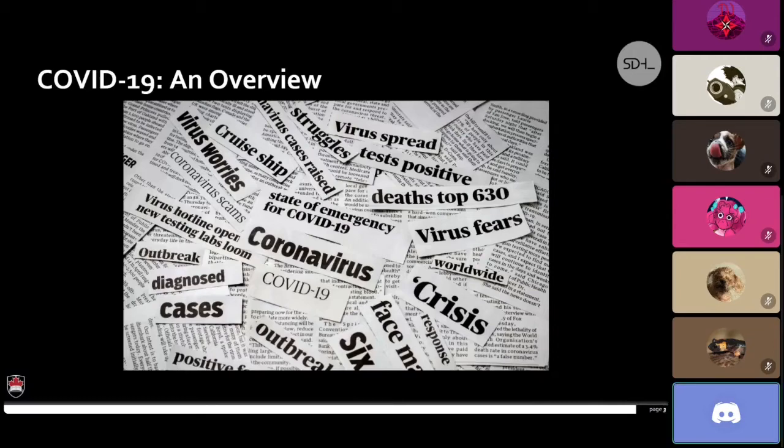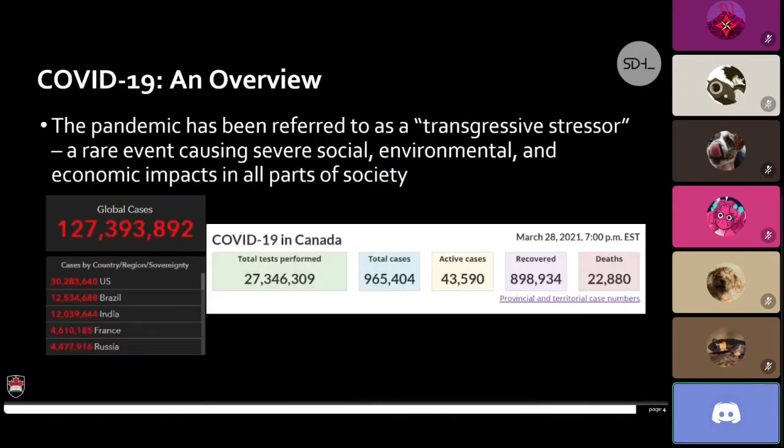So next slide, please. Sorry, I am not used to presenting like this, so if I'm a little off balance, I apologize. But one of the things is that this pandemic is referred to as a transgressive stressor. It's one of those events that has a ripple effect through all of society.